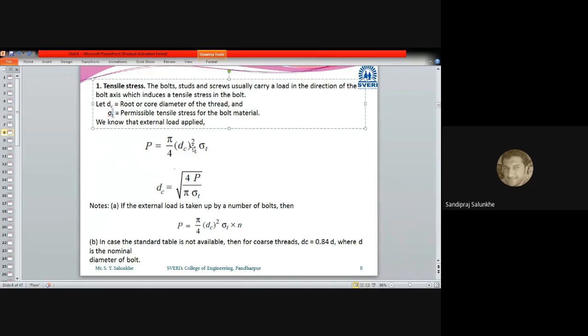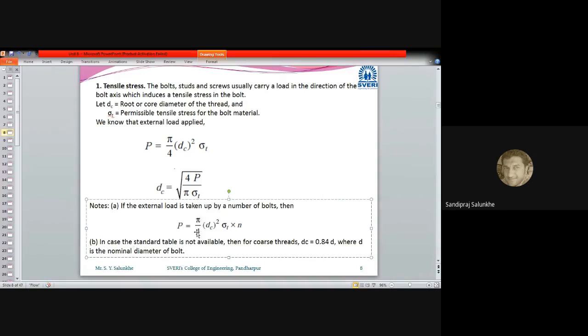And this we have calculated when only one bolt is used. If there are n number of bolts used, then the external applied load will be sustained by these n number of bolts. So the equation which we have calculated, that P will be sustained by n number of bolts, that's why multiply this equation by n.